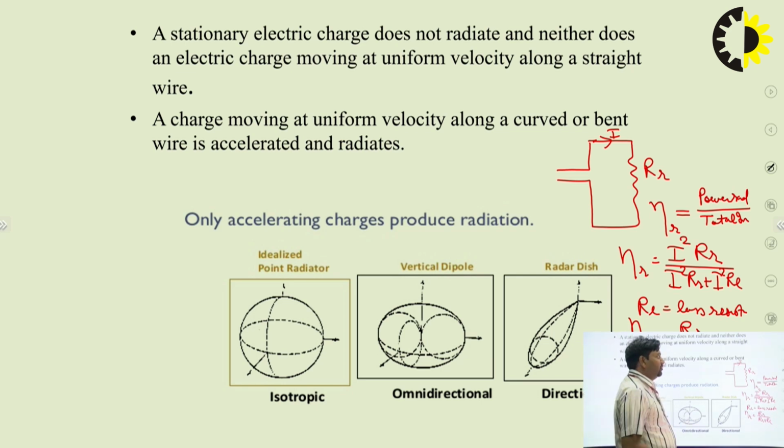For a practical antenna, if we design an antenna for Bluetooth or any other application, remember that the antenna radiation efficiency should be greater than 50%. That means if we feed 1 watt of power, at least 0.5 watt should be radiated by that antenna.